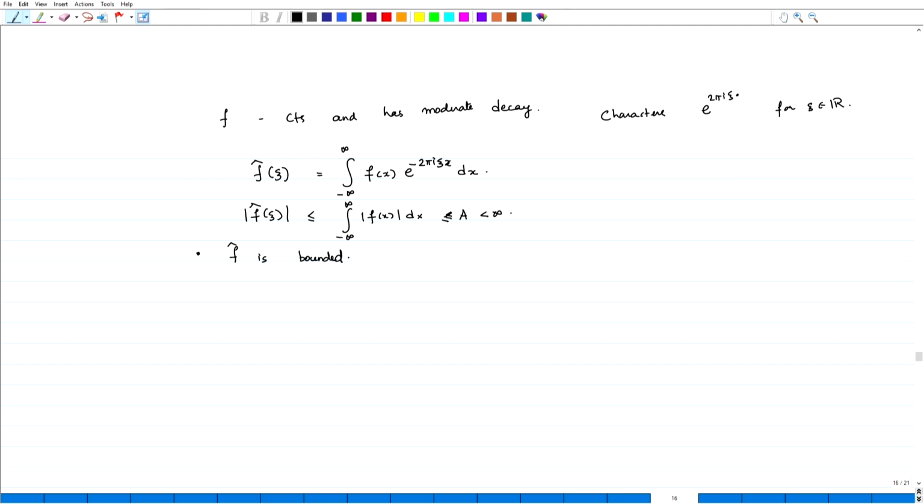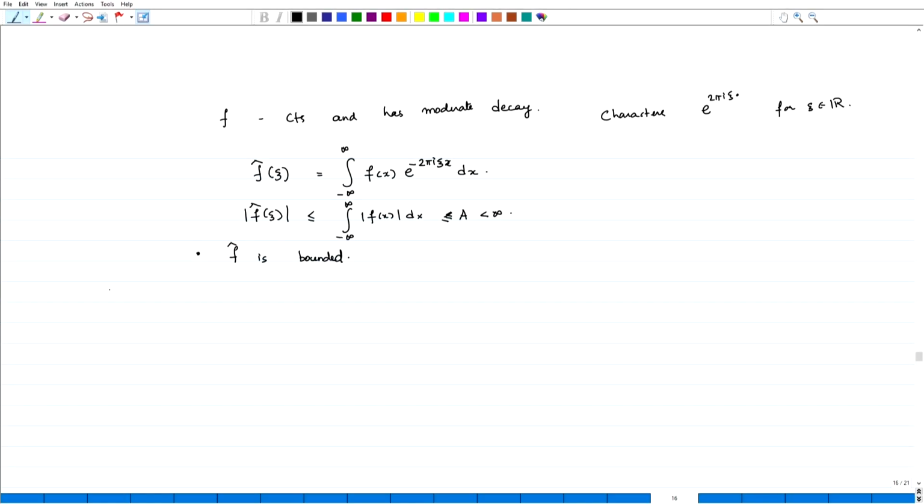Now, earlier we had proved something called the Riemann-Lebesgue lemma. So, here do we have the analog of the Riemann-Lebesgue lemma? As a matter of fact, we have. This is the theorem we call the Riemann-Lebesgue lemma.